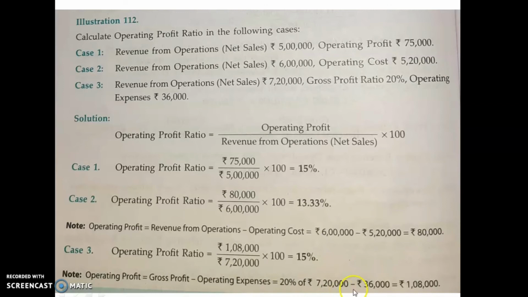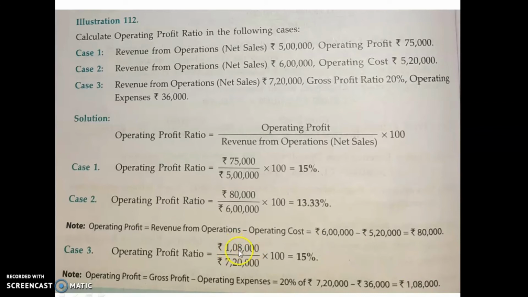Okay, and minus operating expenses, it is given to you in the question is 36,000. So 36,000, the answer of that, the amount of operating profit what you got is 1,08,000.